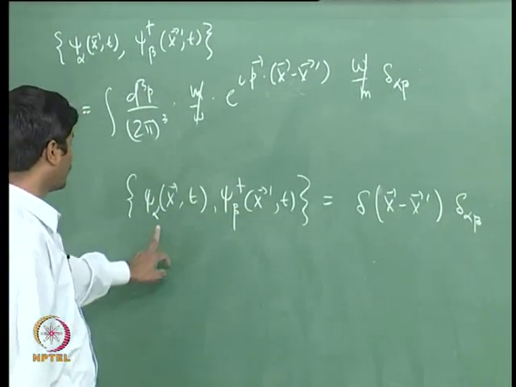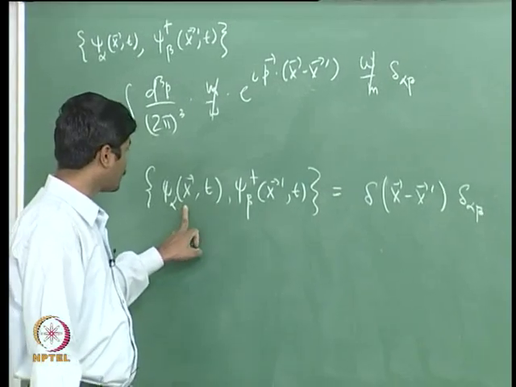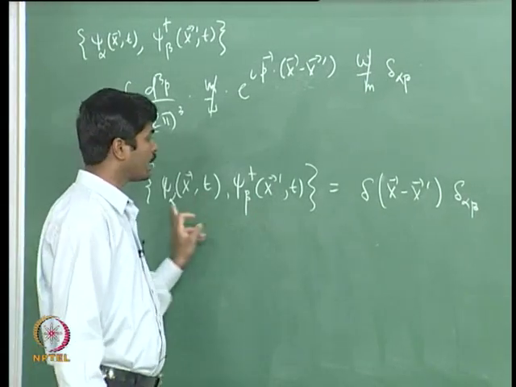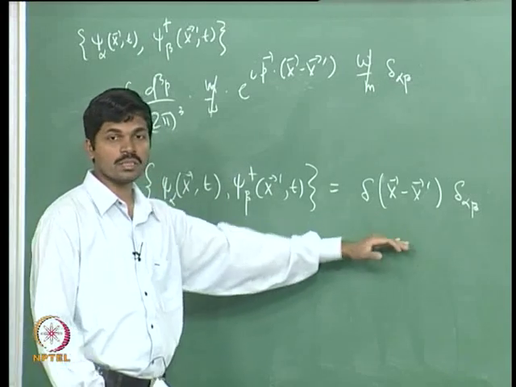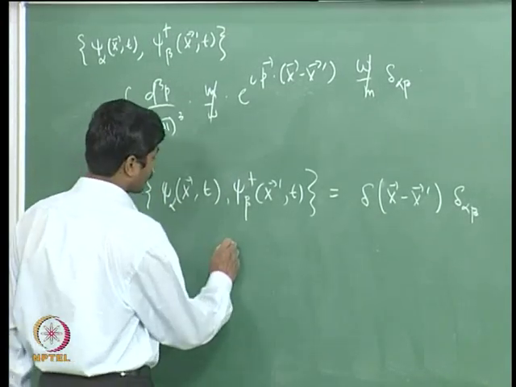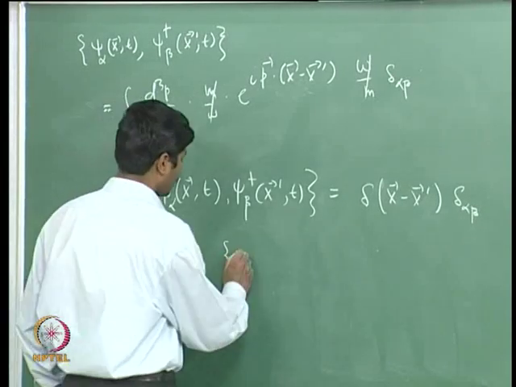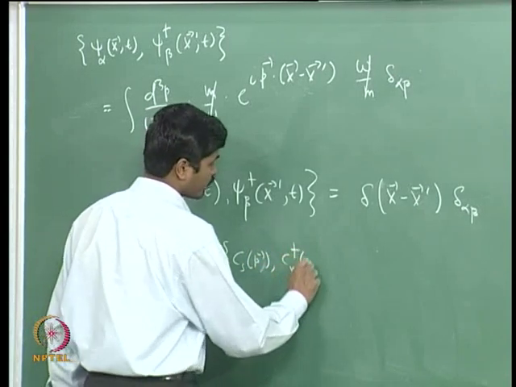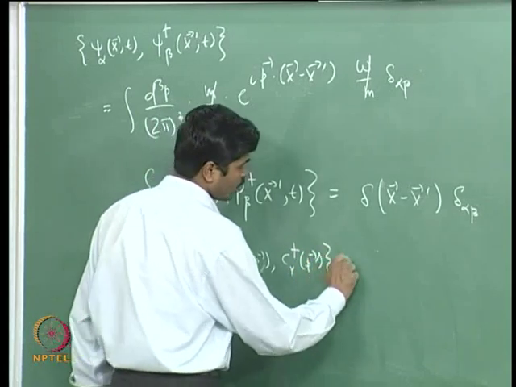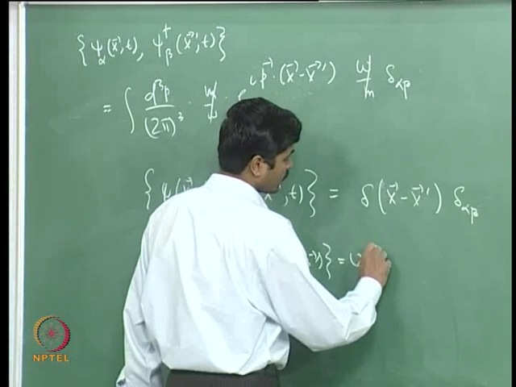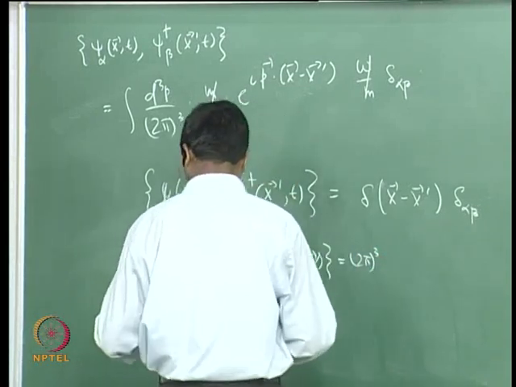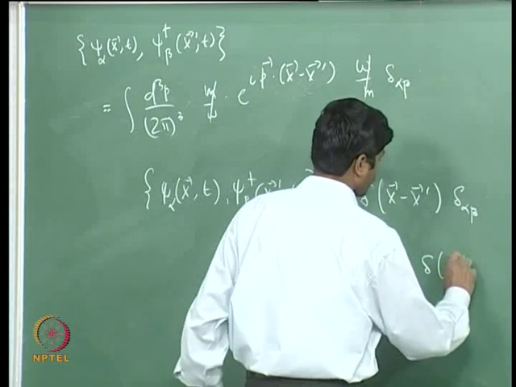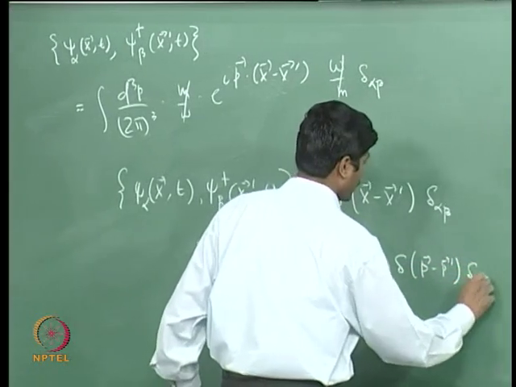So, in order to have the 4 component spinor, the Dirac spinor, and its conjugate momentum to obey the equal time anti-commutation relation, what we saw is that we need the coefficients c_s(p), c_r dagger(p prime) to obey some equation like (2 pi)^3 omega over m delta of (p minus p prime) delta r s and so on.